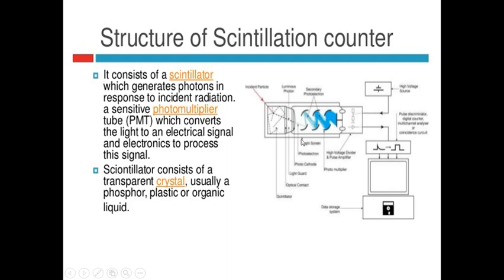Okay, and those diodes are arranged in an increasing order. So from this point to this point the electronic energy increases, and that light signal is captured by this CCD and converted into electronic signals, and that signal is converted into digital form. In this way the scintillation counter is constructed.